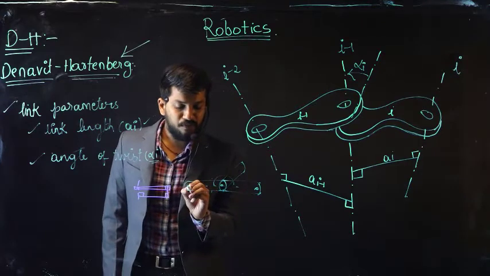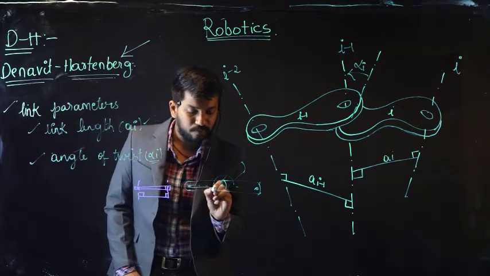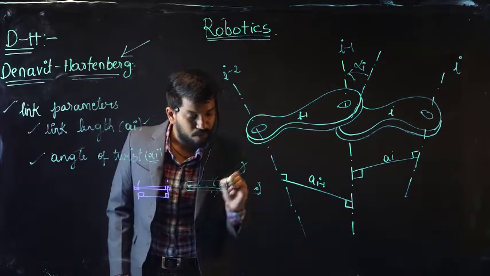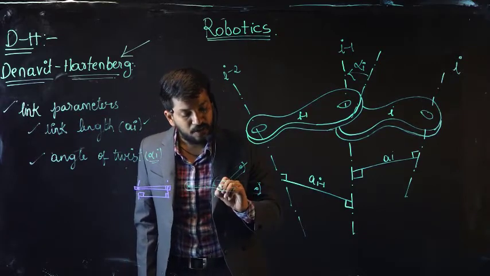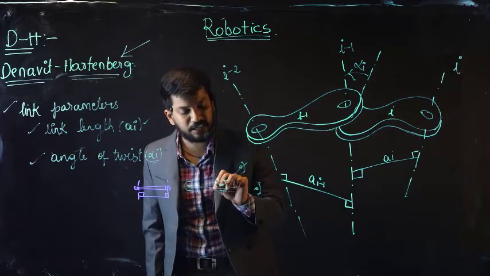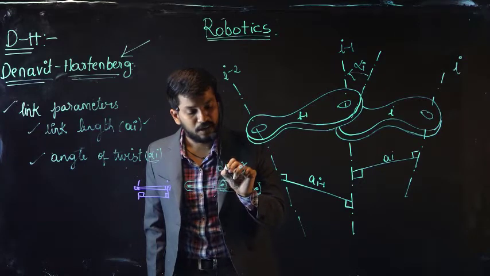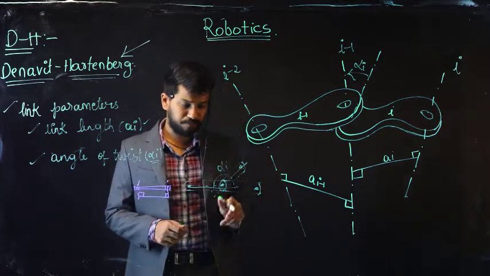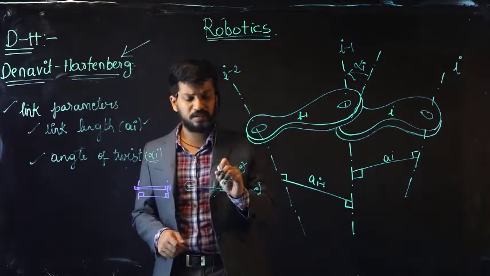If you observe clearly, we need to extend the link length. When we extend the link length, where the link lengths get intersected will give my inclination angle, the joint angle.